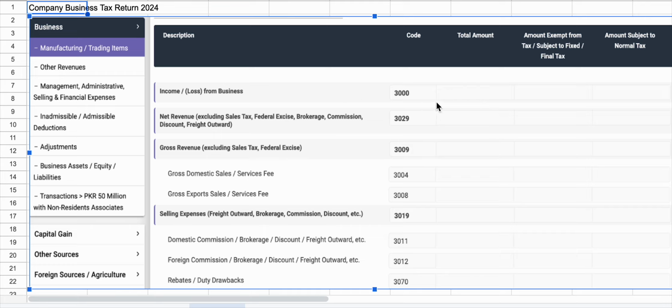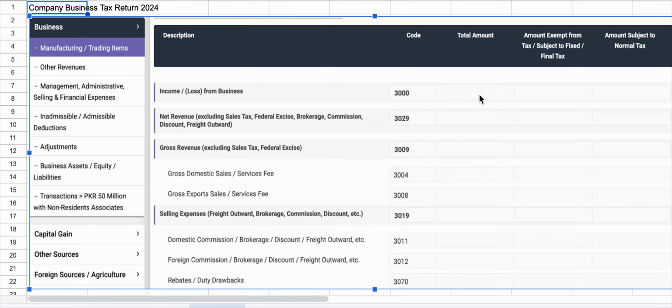The technical point here is that the system will calculate the income loss from business here, which will be the net profit of your business, but which will not be the taxable income. Taxable income is separate, because there are many other deductions that will happen here and also in other parts of the tax return.